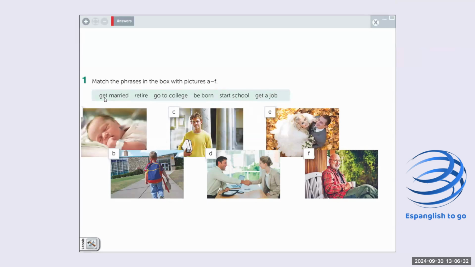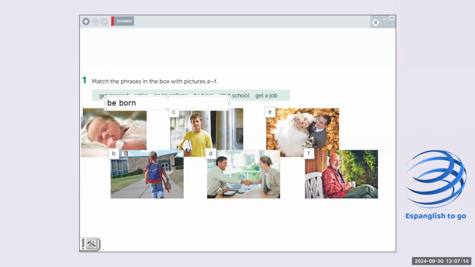So we have get married, retire, go to college, be born, start school, get a job. Okay, so letter A, the baby. What do you think it's letter A? Be born, yes, this one is be born.